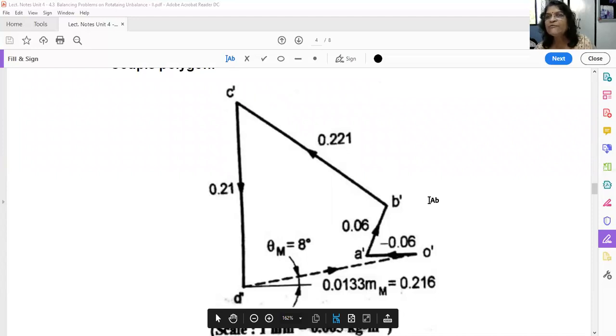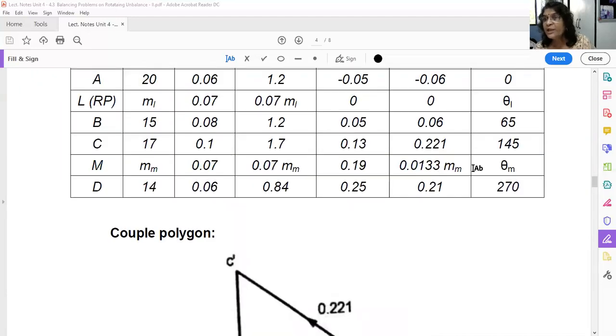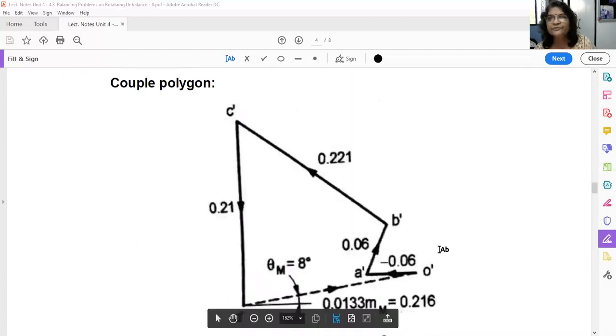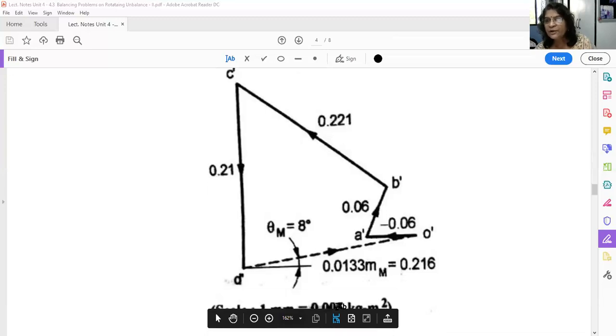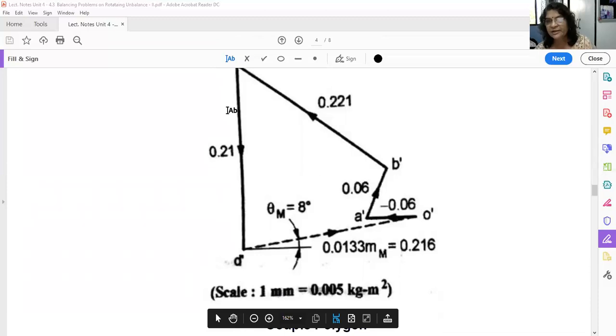Now the fourth vector: you cannot draw this because the magnitude and the direction are unknown. So now draw this vector. Magnitude is 0.21 kg meter square. Angle is 270 degree, that means vertically downward. So from C dash, draw a vertically downward line up to D dash. The length is 0.21 divided by 0.005 and the angle is 270. Now we are here at D dash.